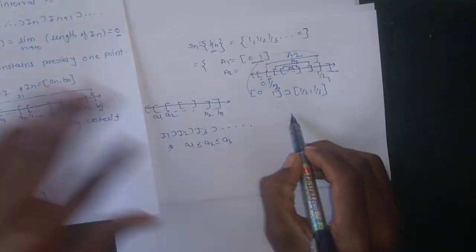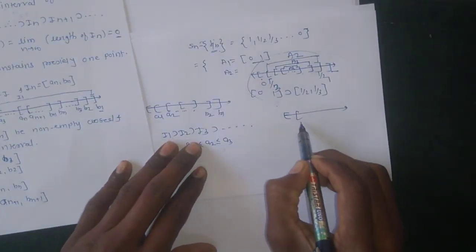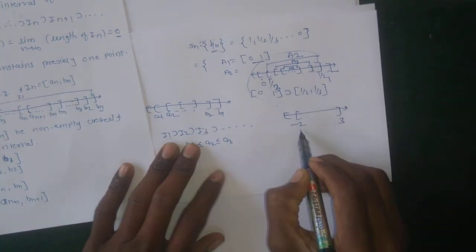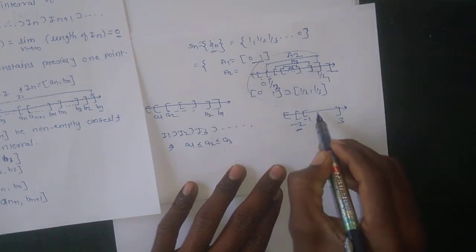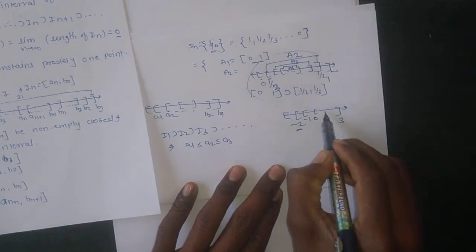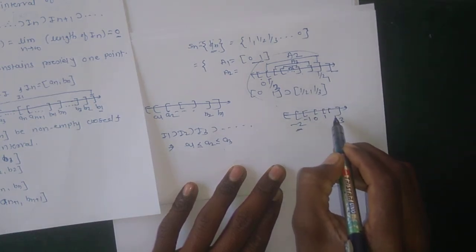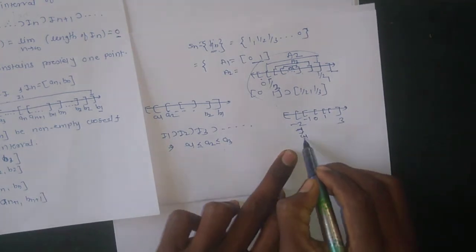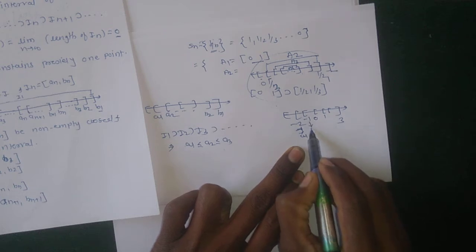If we take any interval, suppose from -2 to 3, then -2, -1, 0, 1 and so on. Suppose this is a1, and this is a2.